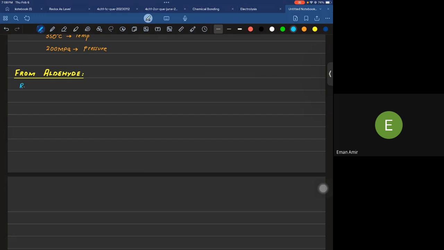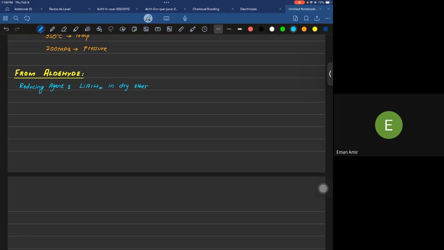The reducing agent is LiAlH4 in dry ether. This is a strong reducing agent.